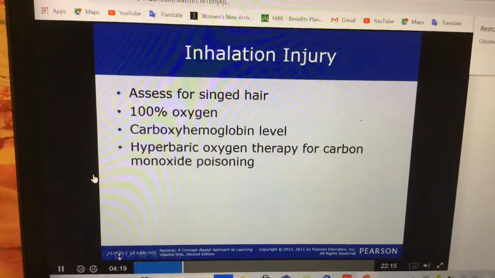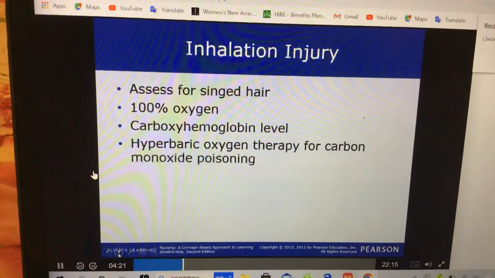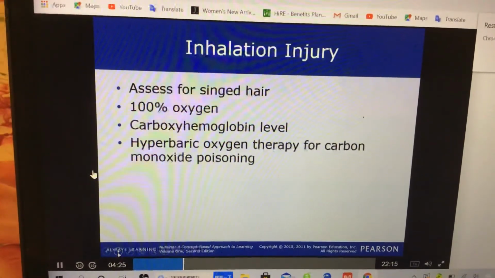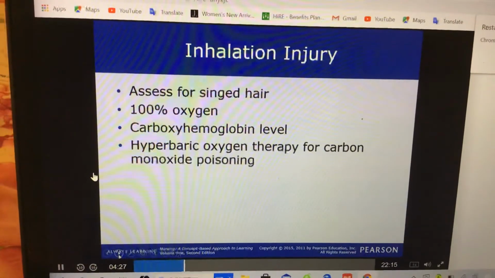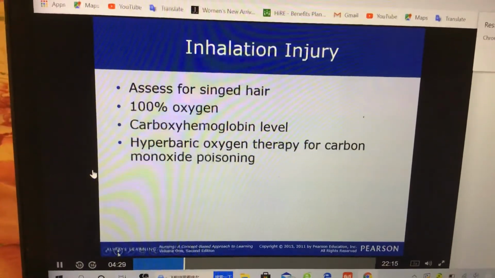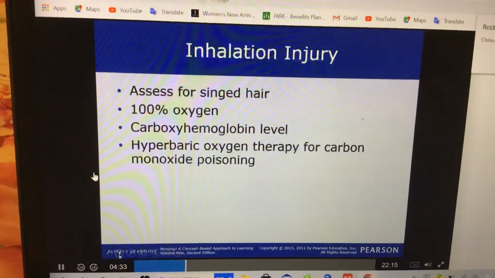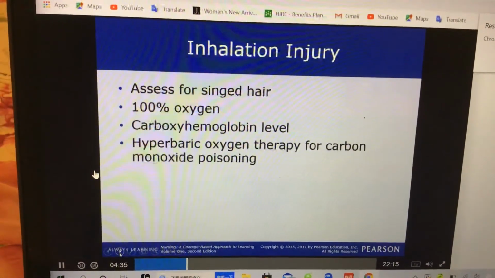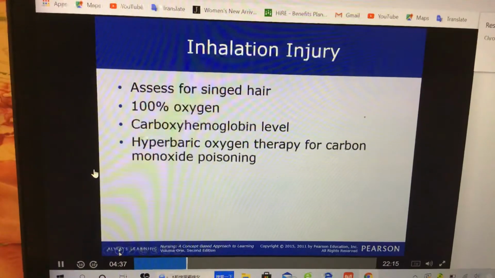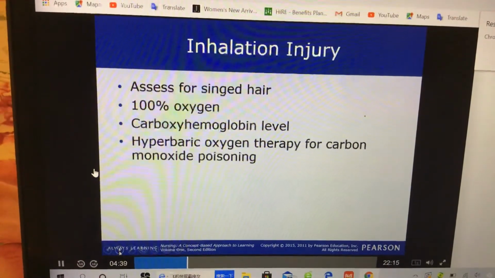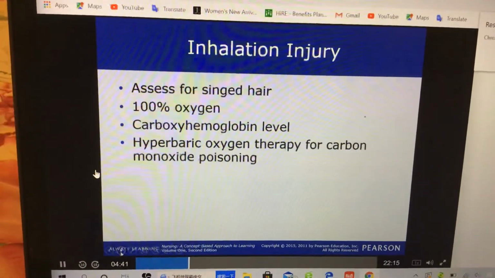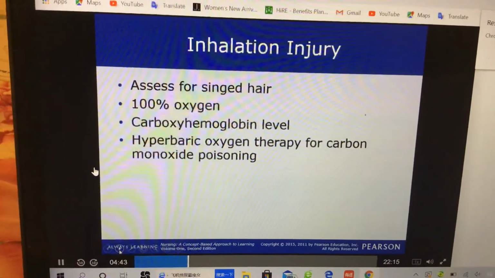An inhalation injury is caused by exposure of the airway to heat or toxic substances. The inhalation of heat causes immediate injury to mucous membranes of the upper airway. An inhalation injury causes inflammation, edema, and airway compromise. Inhaling noxious gases irritates alveolar tissue.